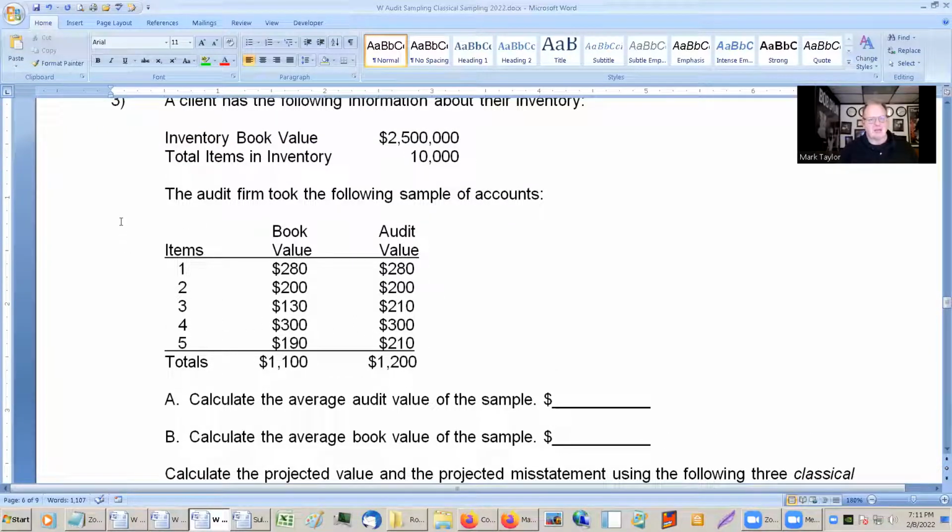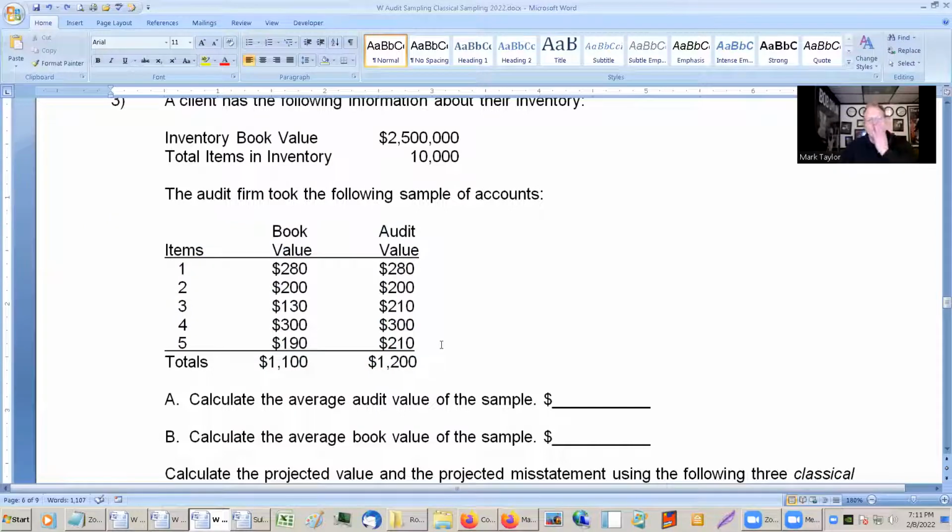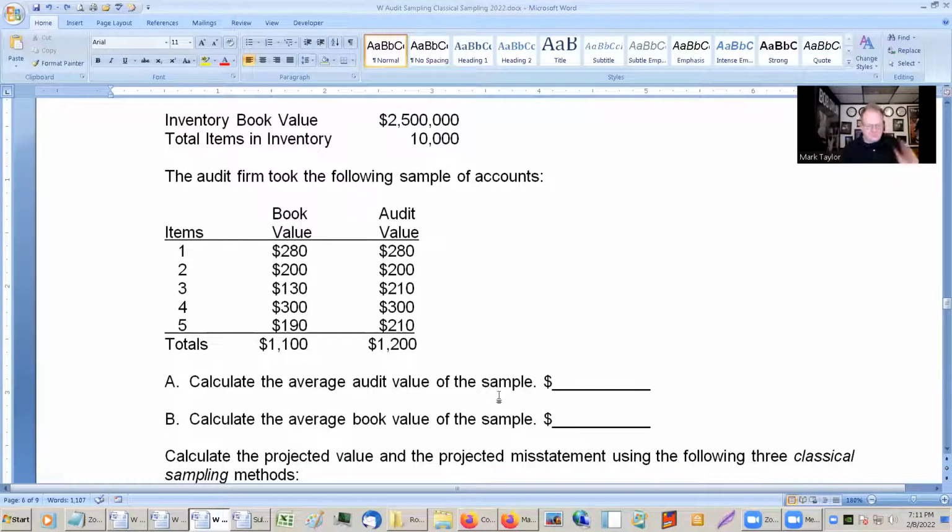So here's the sample, and we have to find the average audit value and the average book value.